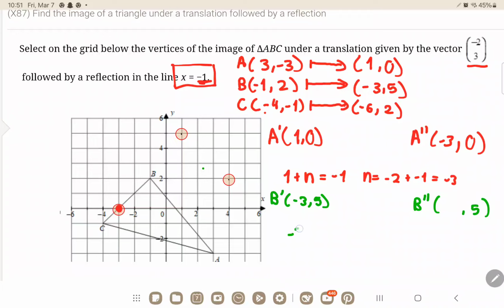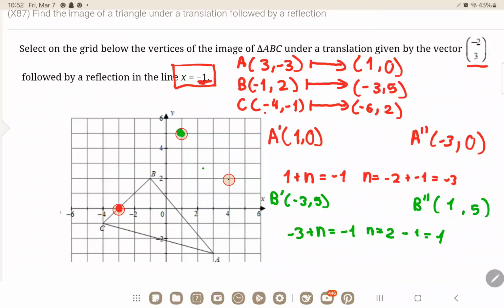Now for the -3, so it's -3 plus n equals -1. So n is gonna equal 2. Now 2 plus -1, which is 2 minus 1, is 1. So your B prime point is 1, 5.